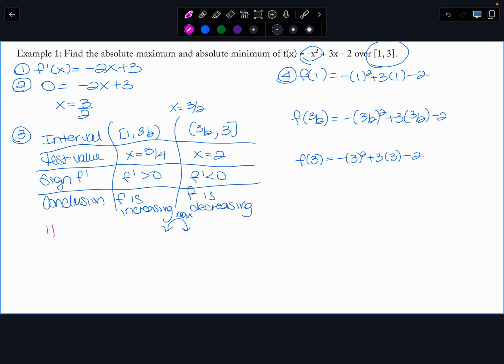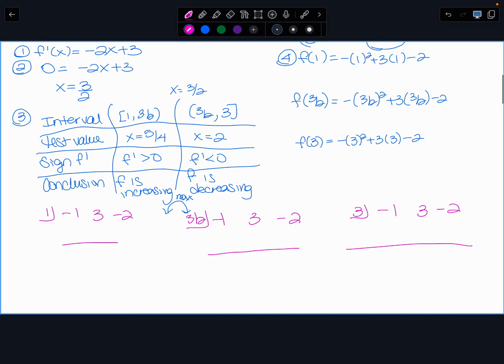So I could have done 1 into negative 1, positive 3, negative 2. And I could have done 3 halves into negative 1, 3, and negative 2. And then done 3 into negative 1, 3, and negative 2. So I can use synthetic division.